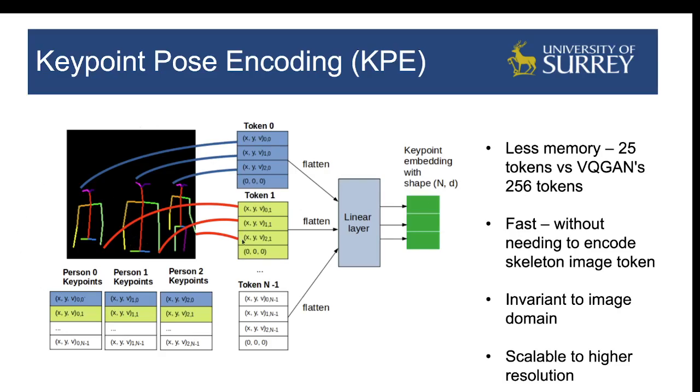If you decided to do that, you would have to use 2 autoencoders in your system, which leads to problems like more memory usage and so on. So our method is clearly better because it's invariant to high resolution and image domain. It's fast.